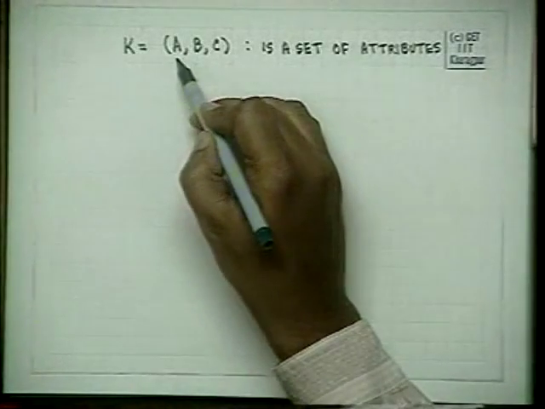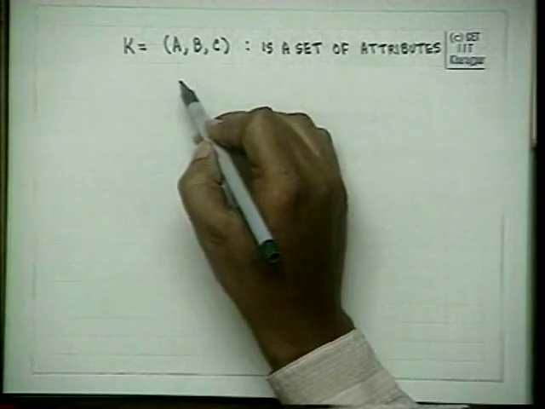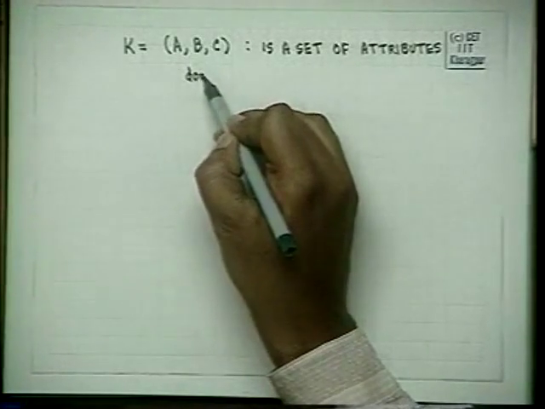For each attribute, we have a domain of an attribute.